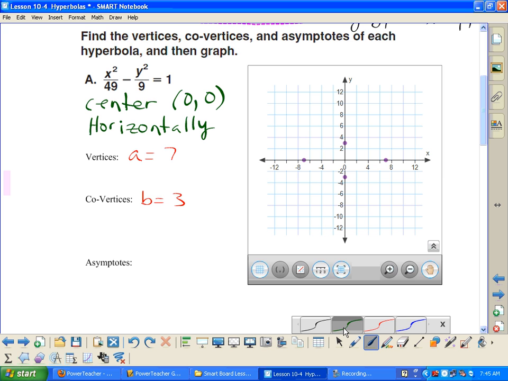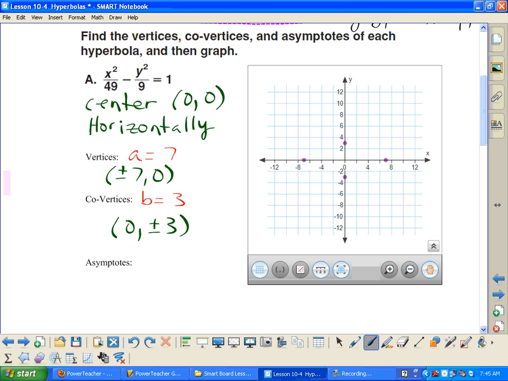All I really did here is take 0, 0, and add 7 to the x coordinate and subtract 7 from the x coordinate, which gave me plus or minus 7, 0 for the vertices. For the co-vertices, because b is under the y, I'm just going to add 3 and subtract 3 from 0, which gave me 0, plus or minus 3.